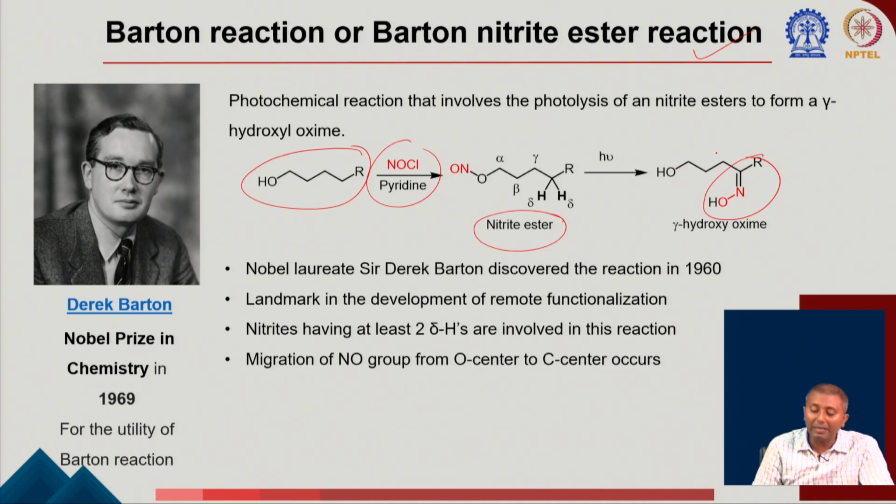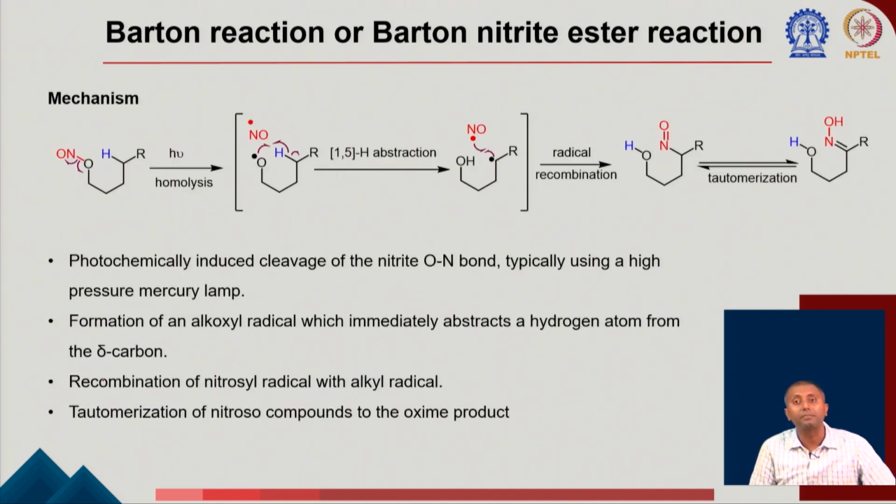There is a hydrogen abstraction happening from this particular position. You can see here this is alpha, beta, gamma and delta. So this hydrogen is getting abstracted to form the corresponding hydroxyl oxime. And I think Barton received the Nobel Prize in 1969. He made several contributions in radical chemistry.